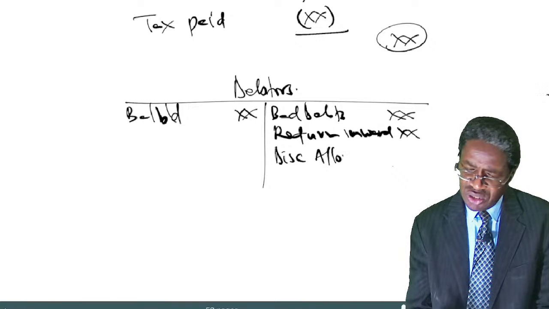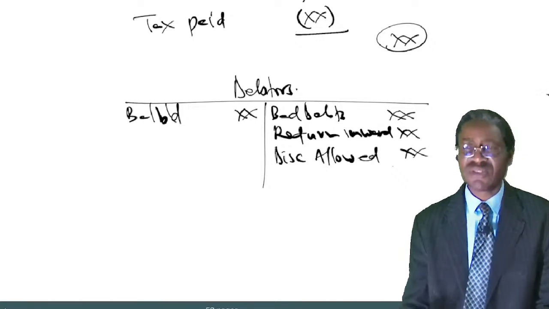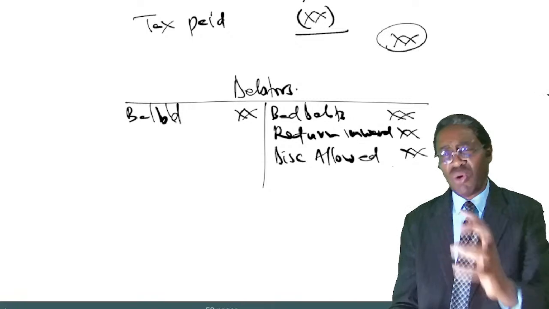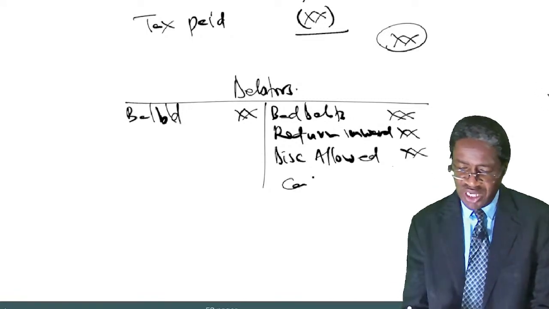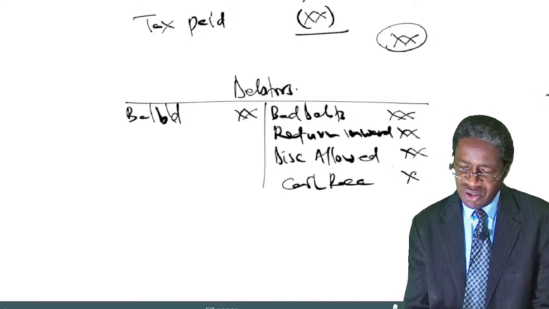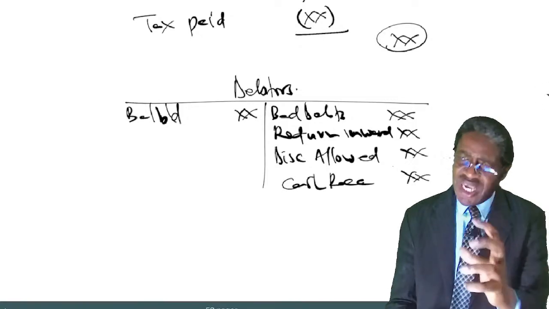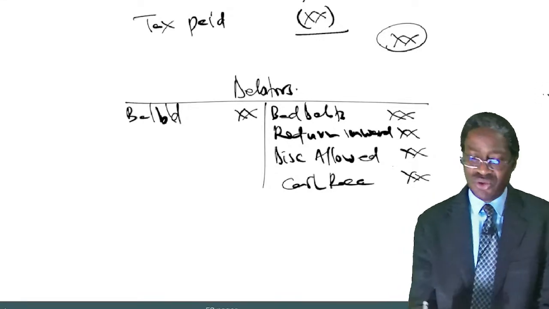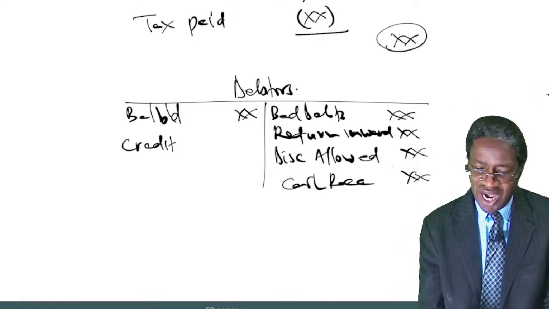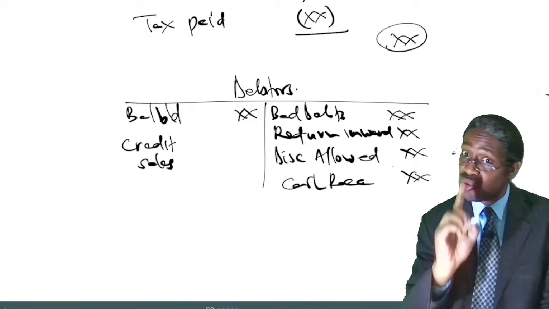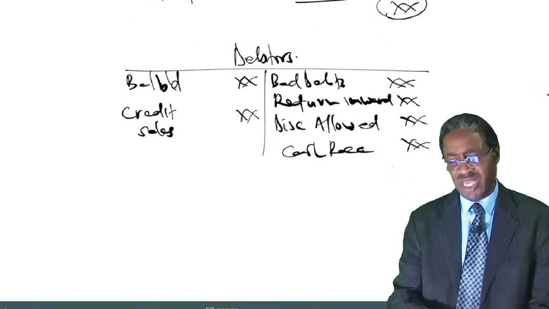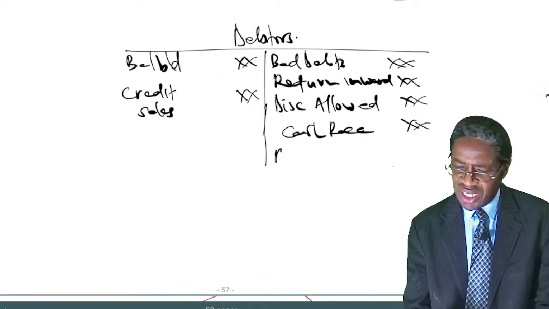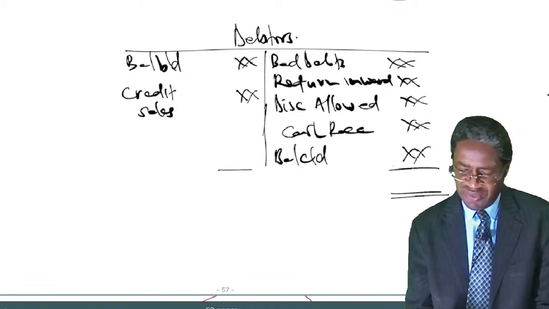Discount allowed to debtors, we normally credit. Any cash received from debtors, you used to credit. Credit sales, you used to debit. I am first reminding you how you used to prepare the control account. Then from there, you got the balance carried down by the end of the year, whatever it is.